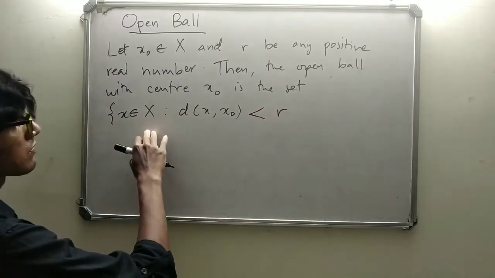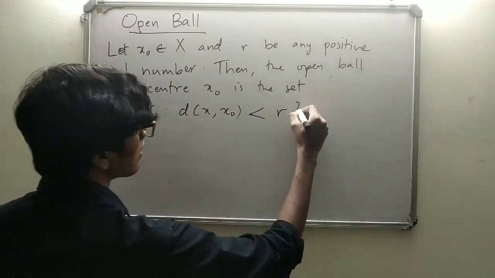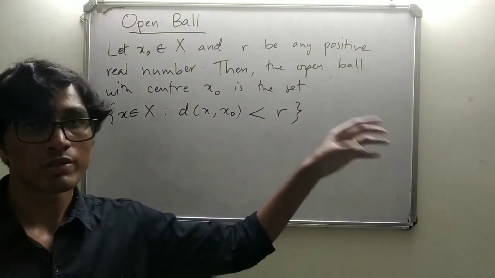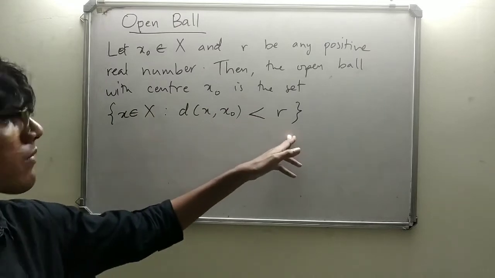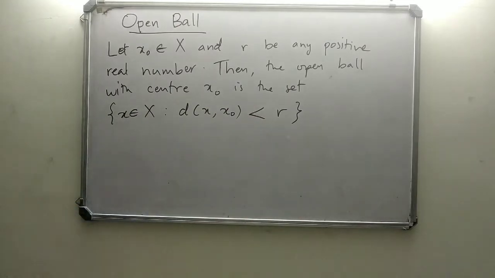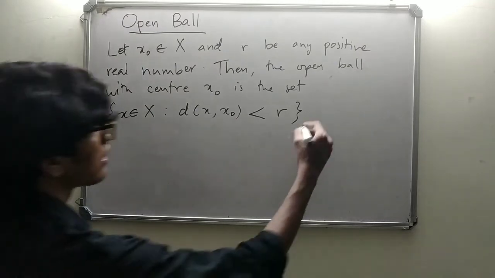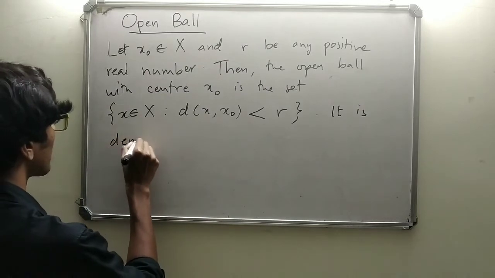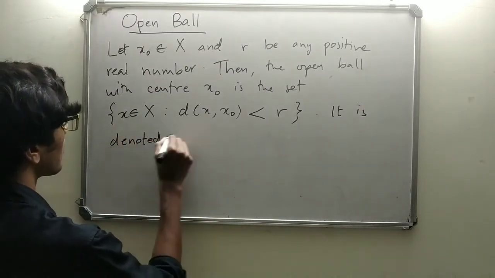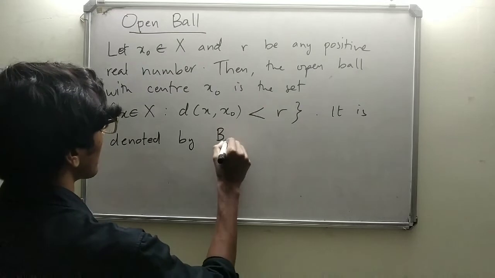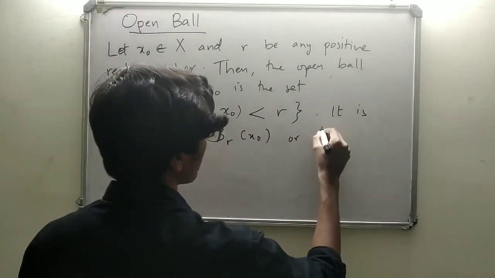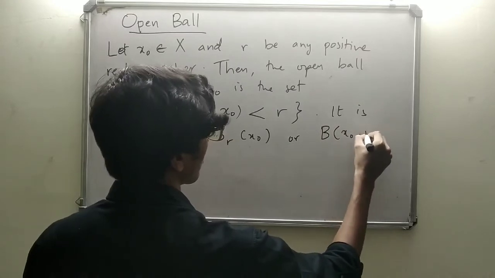So the set of all points x which satisfies this inequality defines the open ball with center x naught and radius r. It is also denoted by B_r of x naught or even B of x naught comma r.